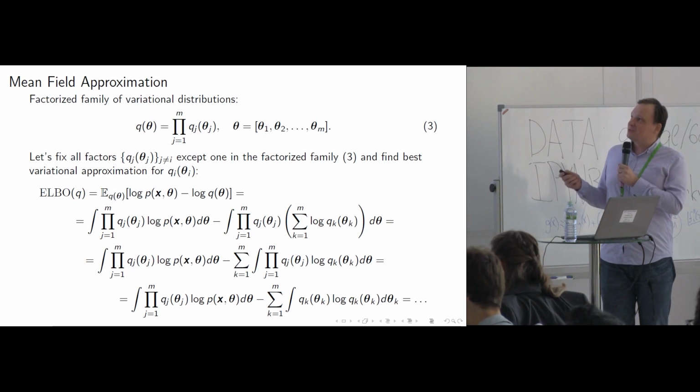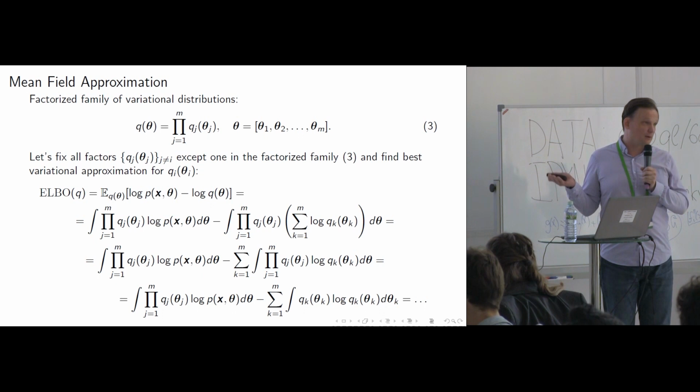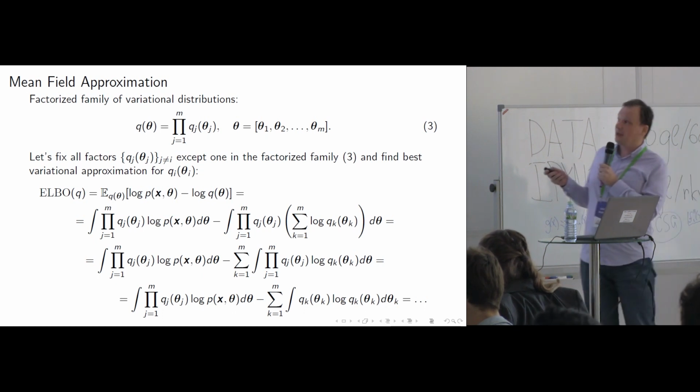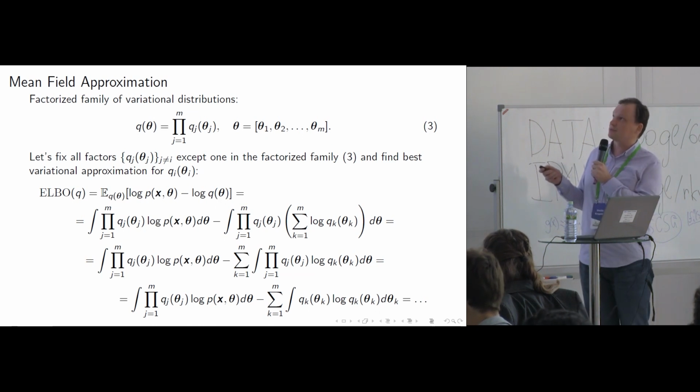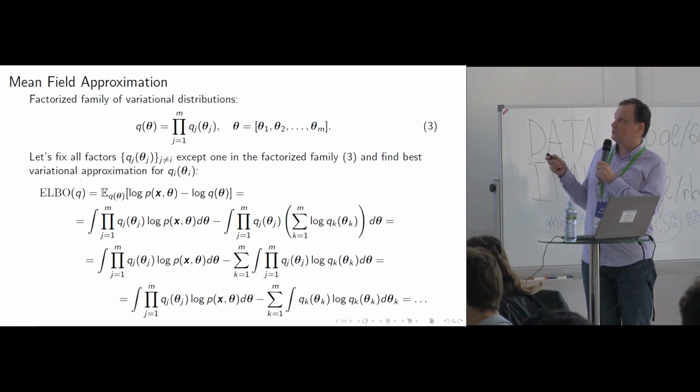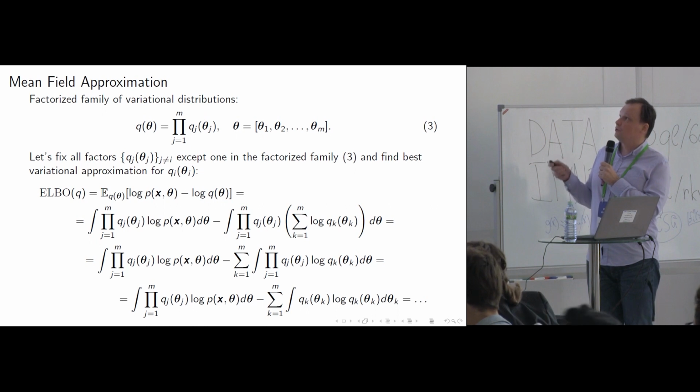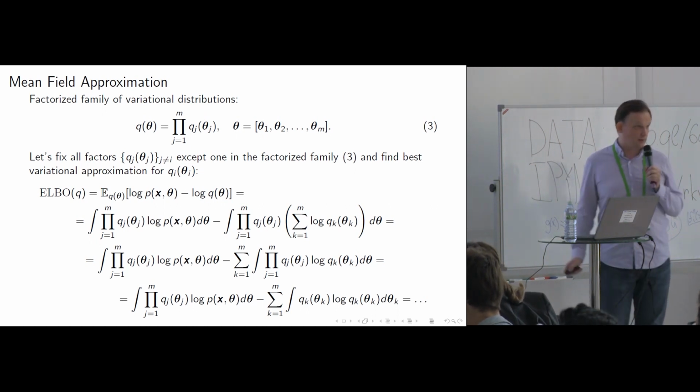One way to introduce simple distribution is to do the following. Let's take our vector of variables theta and split it into non-intersecting subsets, theta 1, theta 2, theta m. So the union of this theta i is the whole set of theta, and they are not intersecting.